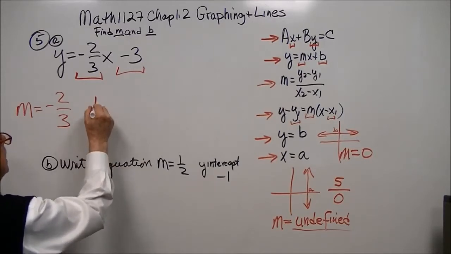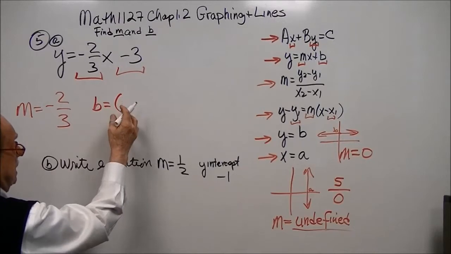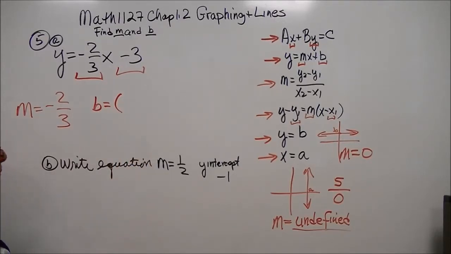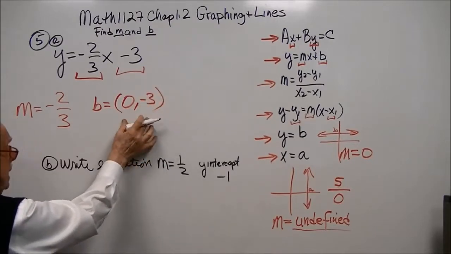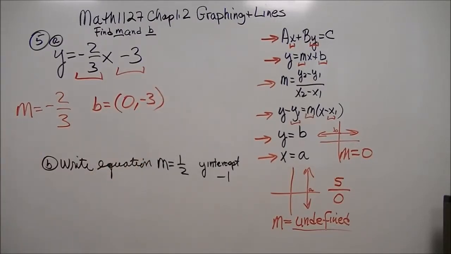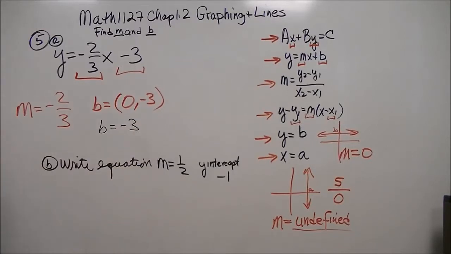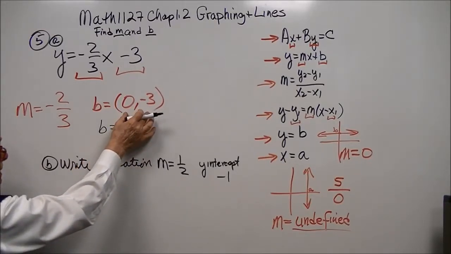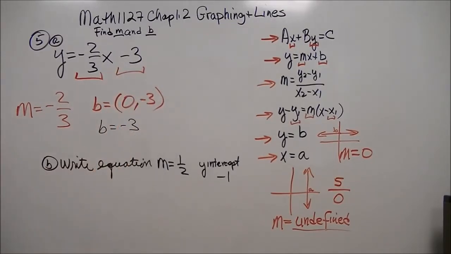And the y-intercept is often given in its ordered pair form where x is 0. That's the official way to write it. Sometimes they accept it just as b equals negative 3. But keep in mind, the ordered pair is this, but in the formula, that's how it would appear, as a negative 3.